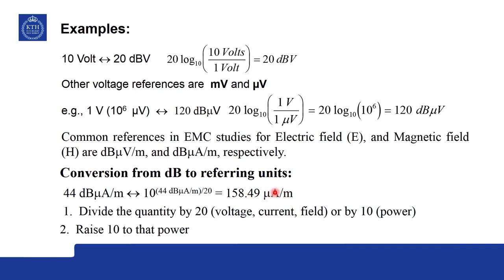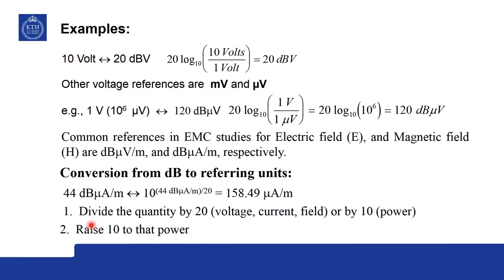This you can further convert into say 0.15849 milliampere per meter, or 158.49 times 10 to the power minus 6 amperes per meter, like that you can write.